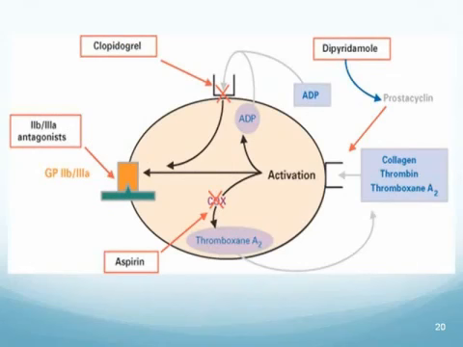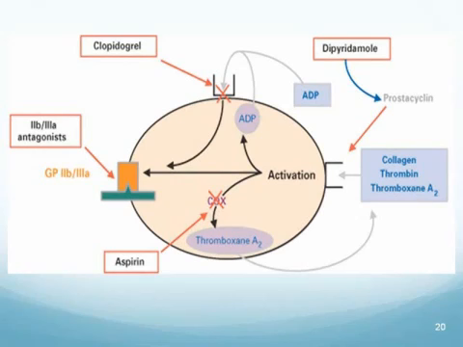So here we have a diagram, again, just showing the different ways that various antiplatelet agents work in terms of preventing the platelets from doing that initial step in hemostasis. So the first thing is that the platelet has to be activated. And again, on the right-hand side of the slide, we see collagen, thrombin, thromboxane, ADP.